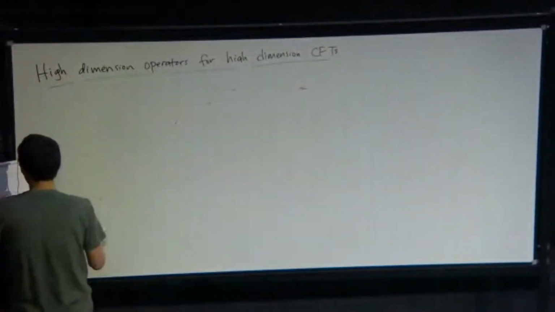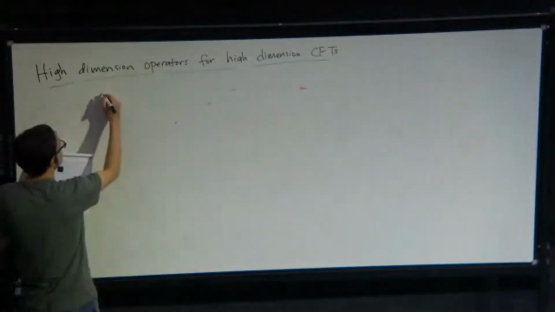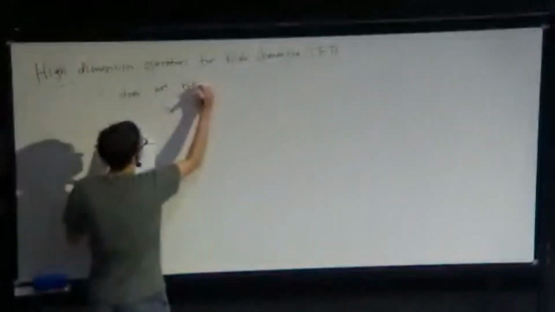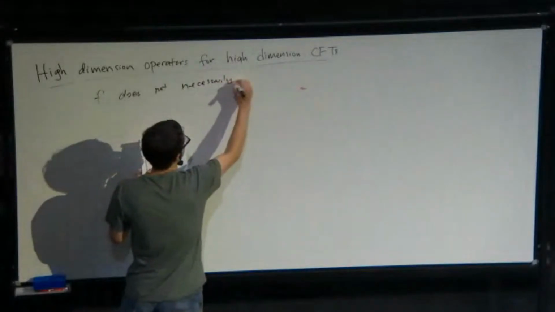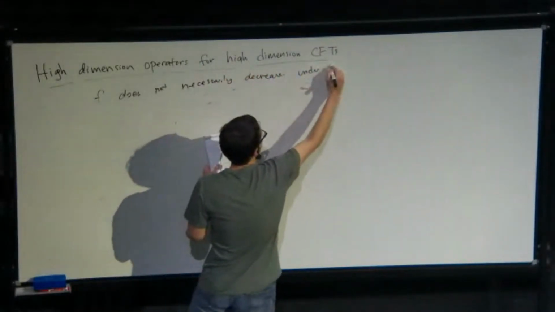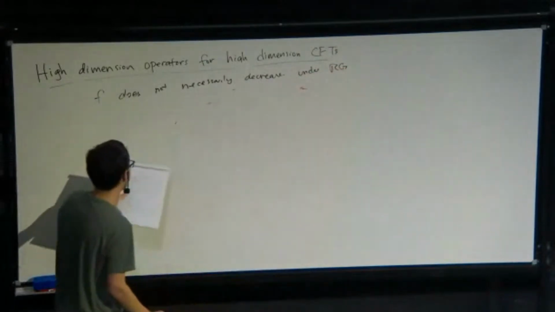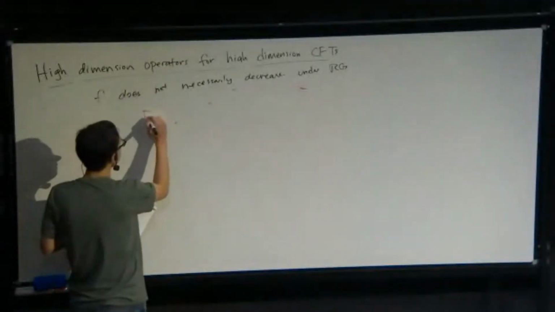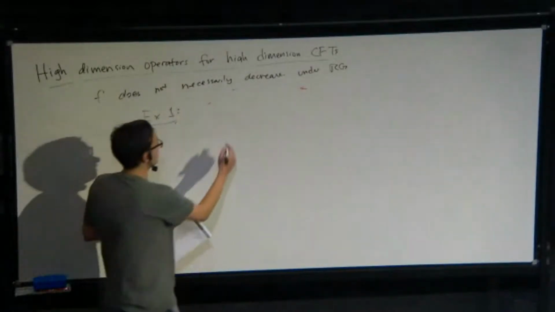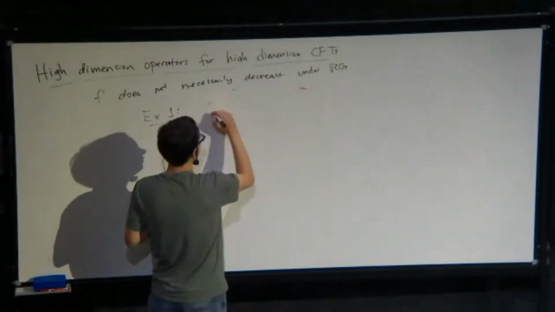But in higher dimensions, F does not necessarily decrease. And there are 2 counterexamples that I'll just explicitly give. The first one's only kind of a counterexample, but it's still kind of interesting, which is N equals 4 super Yang-Mills.